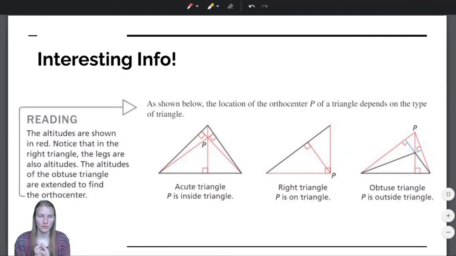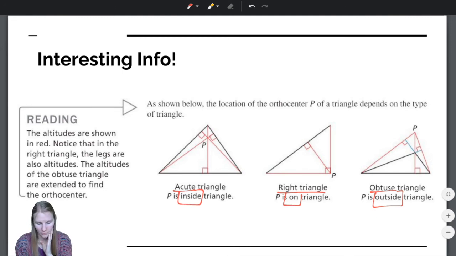The altitudes do not always intersect inside of the triangle. So your orthocenter is not always inside of the triangle, just like our circumcenter wasn't always inside the triangle. An acute triangle, it's inside. A right triangle, it is on the triangle. And for an obtuse triangle, it is outside.